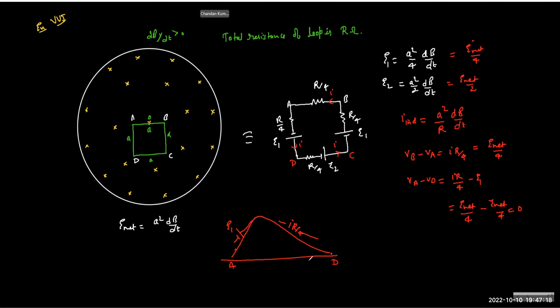So the agent who is trying to maintain the dE by dt value has to do some work externally, and that agent's energy becomes part of the circuit energy. In a way, the electrical dissipation will come from the invisible agent which you don't see, because energy should come from somewhere.